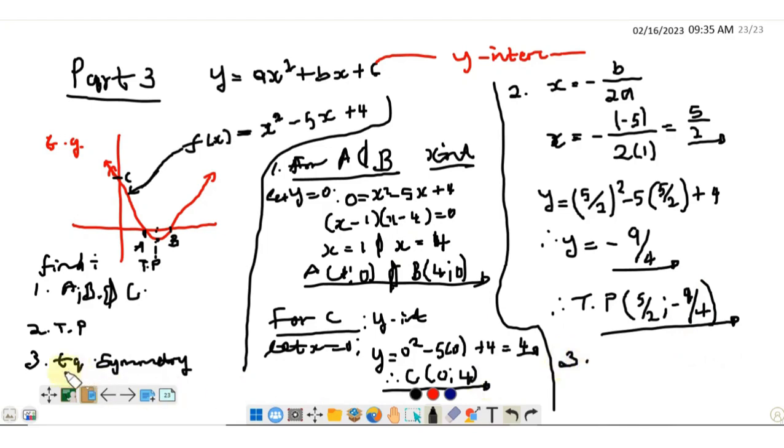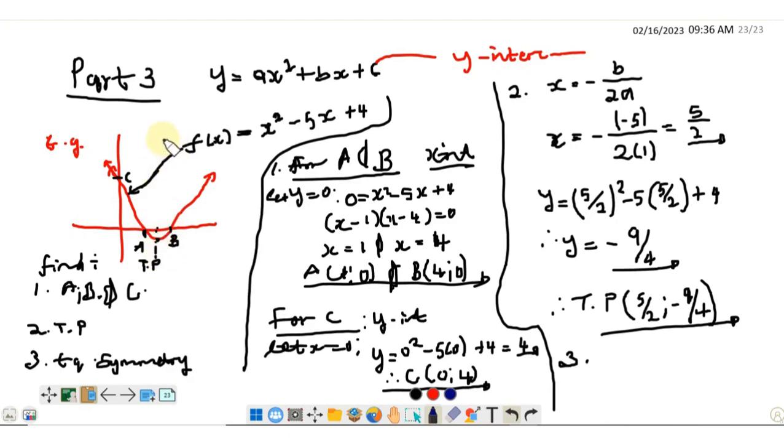Okay, question 3 says write down the equation of symmetry. When they say the equation of symmetry, you remember what symmetry is. Remember I told you that on the hyperbola, the symmetry line is a line that you can reflect half the graph about and get the same half on the other side. Even on the parabola, it works with the same theory. You need a line where you can reflect half the graph about that line and get the same half on the other side.